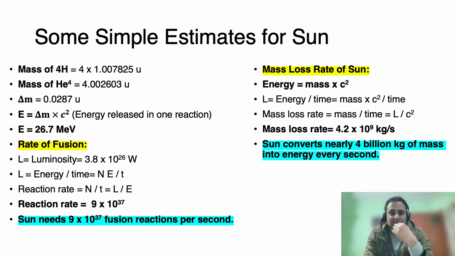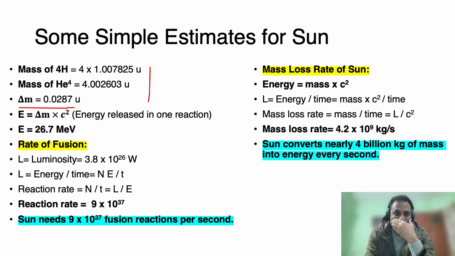So let's make some simple estimates for our sun. We know the mass of 4 hydrogen is this much units, and we also know that the mass of helium is 4.002603 units. So there is a mass difference between the reactant and the product, and this mass difference is 0.0287 units.